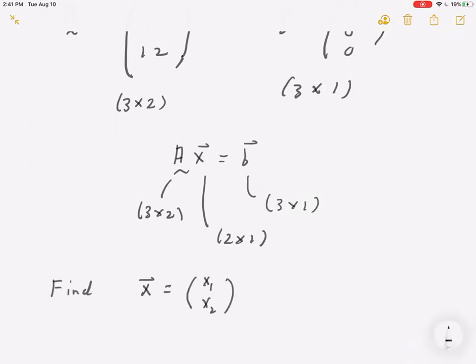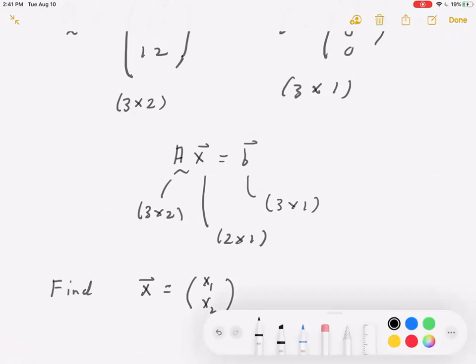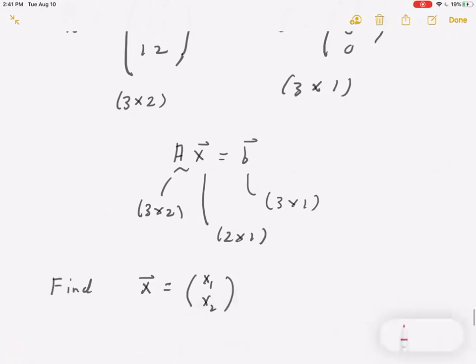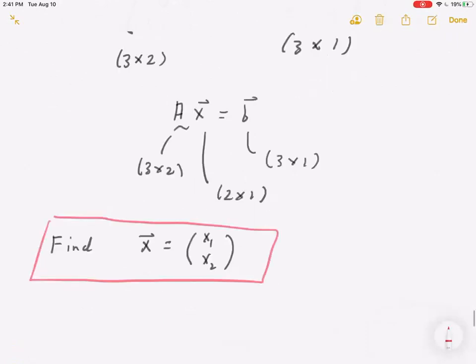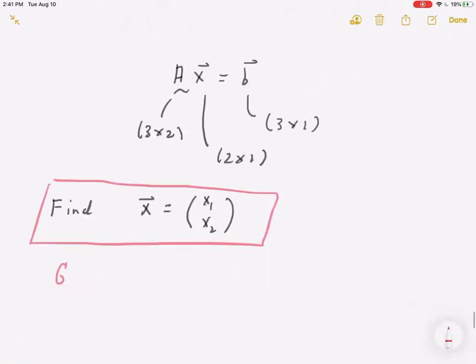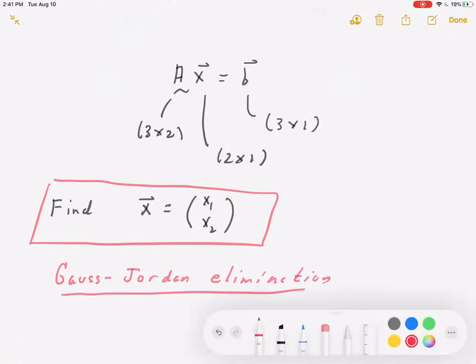So this is a problem that we've been looking at throughout the whole course. We've been doing this many, many times. Let's find X. And the way we'll do it is through Gauss-Jordan elimination. And by now we're experts in this, at least for simple problems.